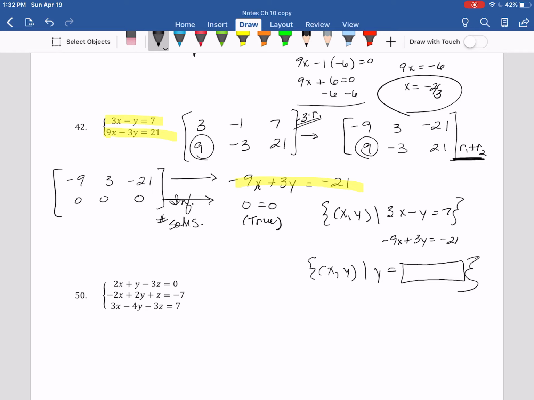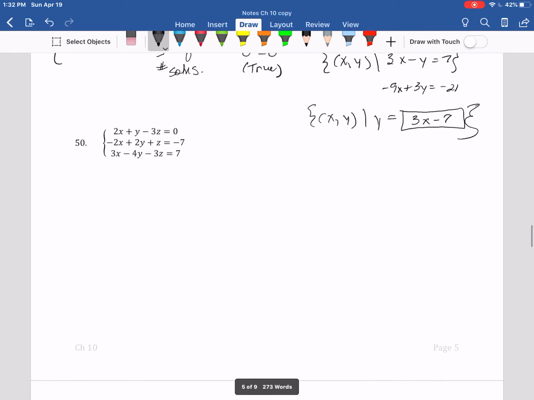So this looks to be the easiest one. If I solve that equation for y, it would say something like y equals 3x minus 7. And that would be what your solution set would consist of. So whatever MLP does, you'll have to follow suit.